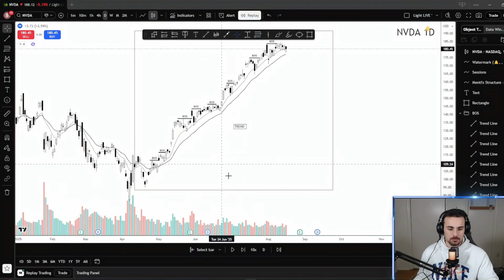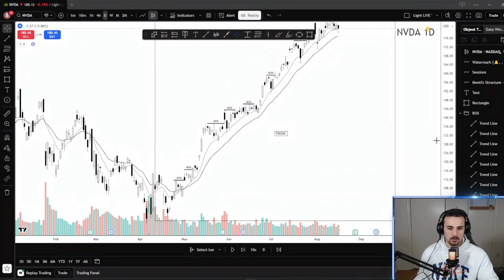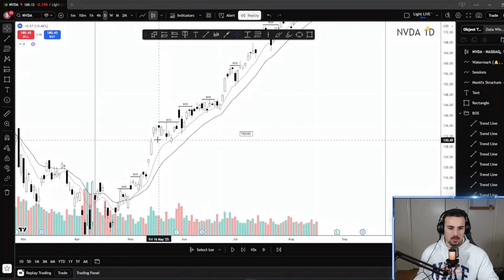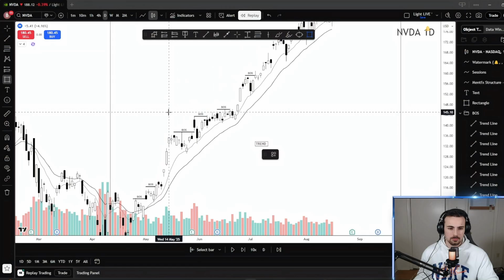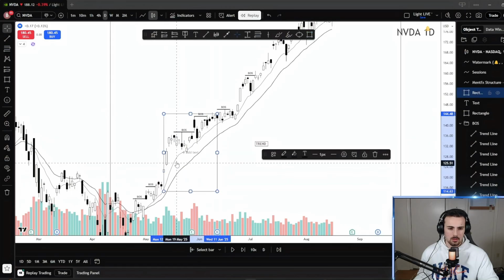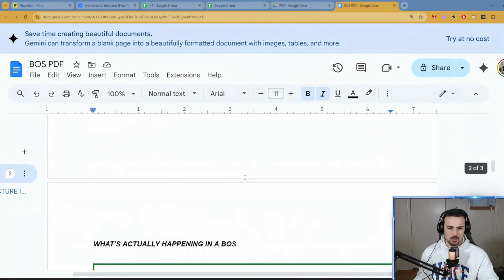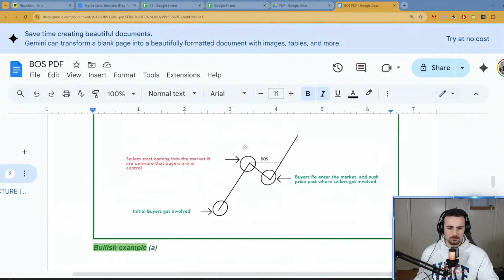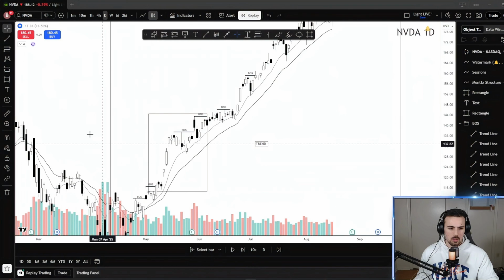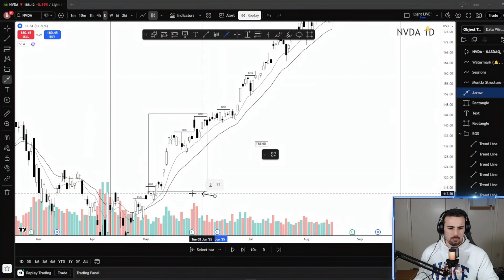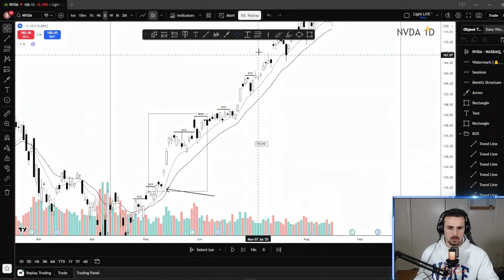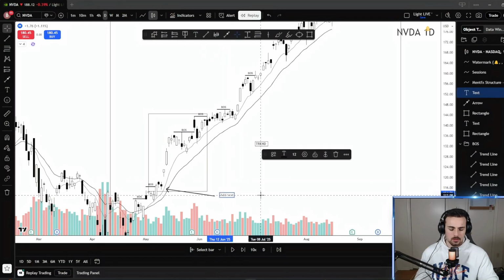because we know, let's zoom in on one. Let's zoom in on this break of structure here. We now know, if we refer back to this diagram, this is the previous point that buyers got involved. So buyers got involved.